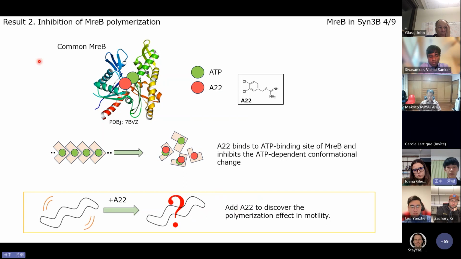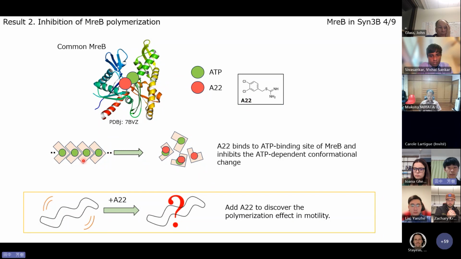I go to result 2. One of the common characteristics of MreB is that it polymerizes into filamentous structures by ATP binding. To find out if this property is related to movement, I investigated the effect of A22, which is a polymerization inhibitor of MreBs.